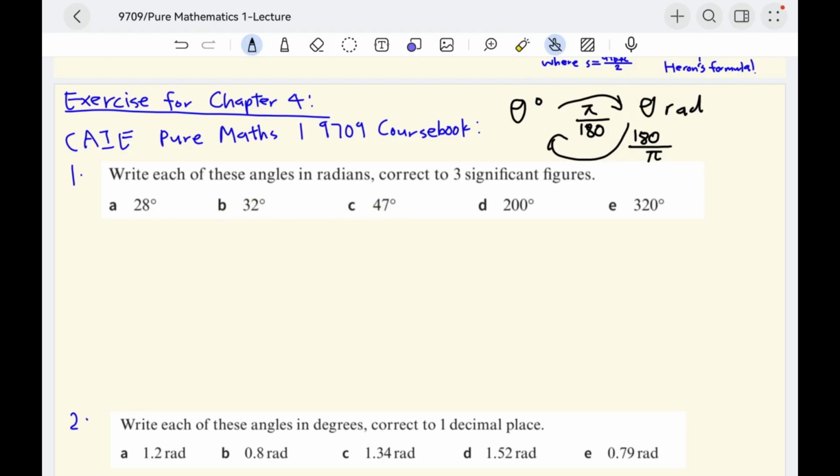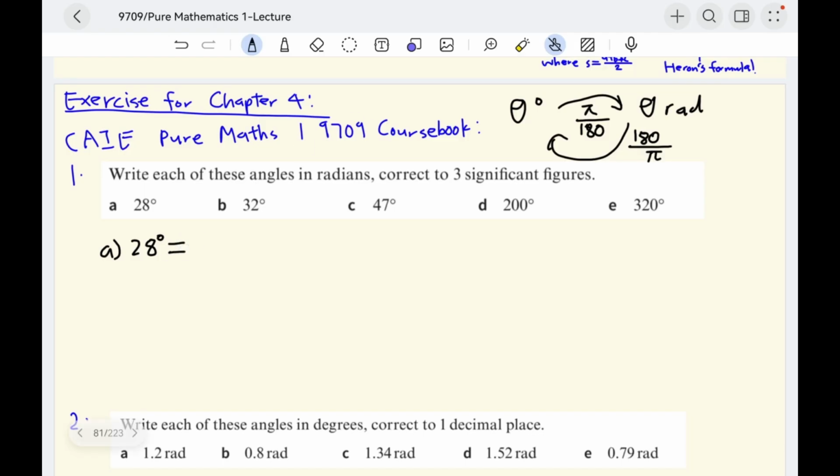Okay, so how do we carry it out? It's basically just multiplying these angles in degrees by pi over 180 to get the angles in radians. Alright, this is indeed crucial for you because this concept may be related to other topics such as trigonometry.